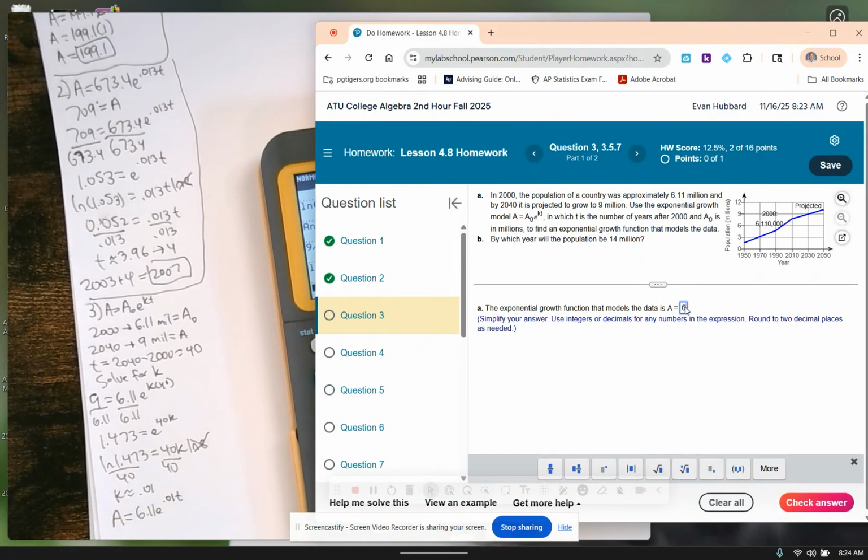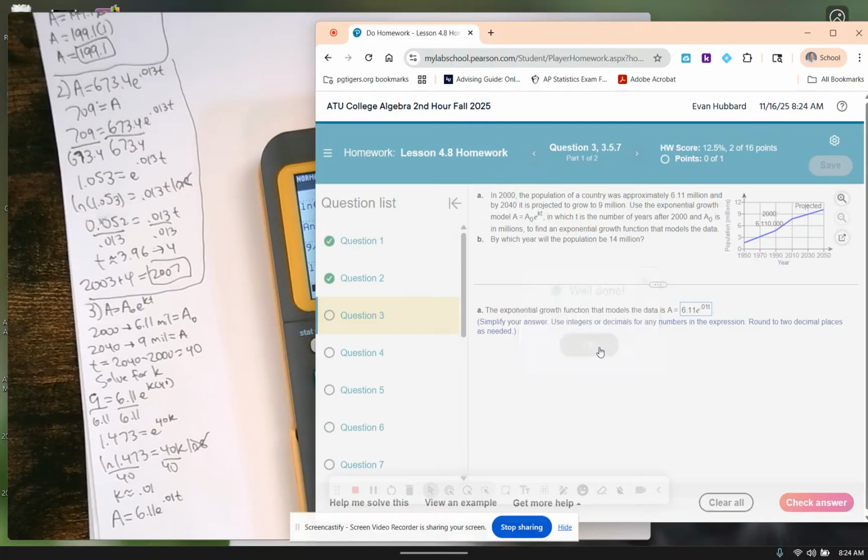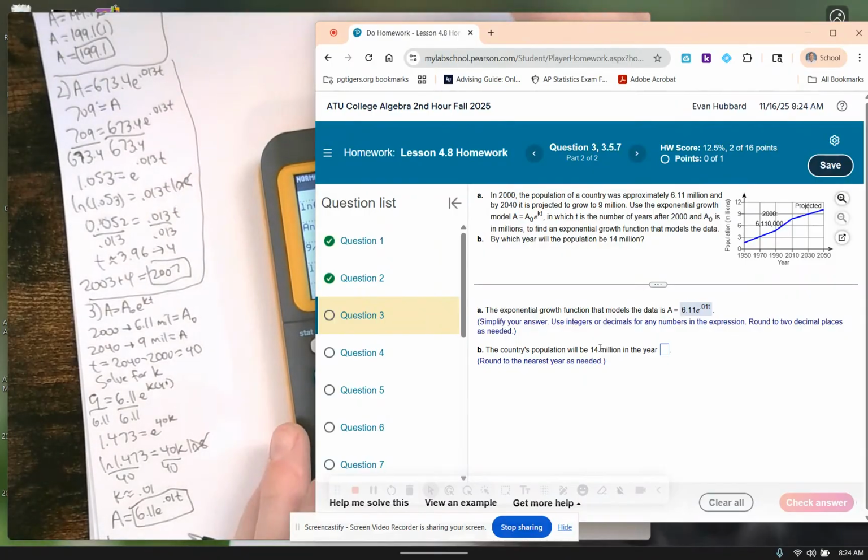So 6.11 e to the power of 0.01 times t. Okay. Now for B, the country would be 14 million in the year.